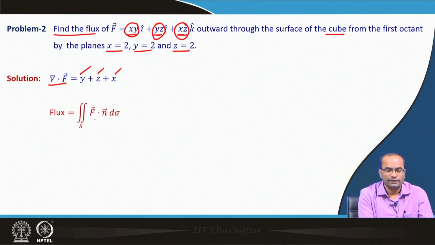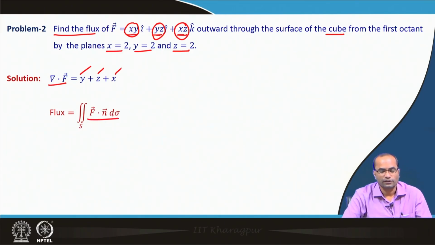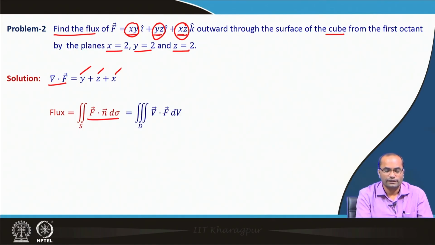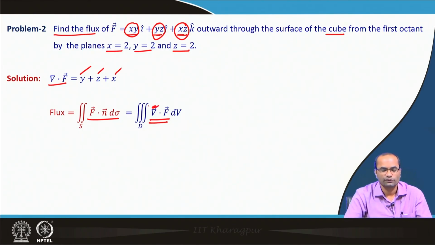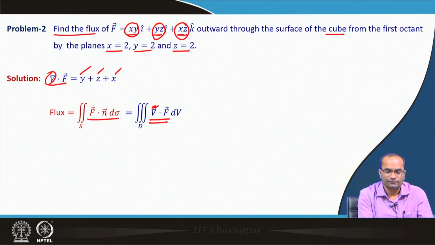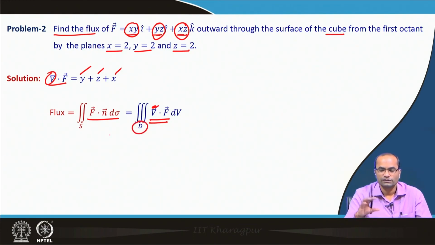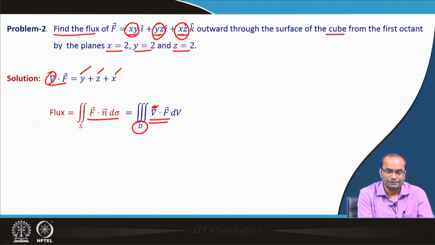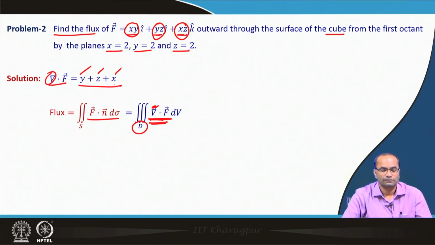So, the flux we can get with this f dot n integrated over this surface, and that is given by the integral over this volume, which is bounded by this cube. The divergence of f we have computed here, that is x plus y plus z. I am not usually using the arrow sign on this gradient operator.